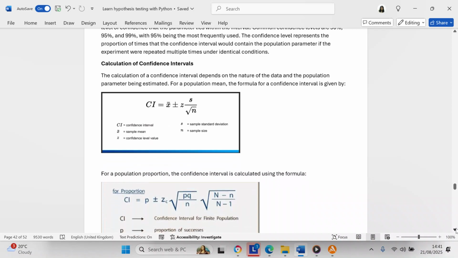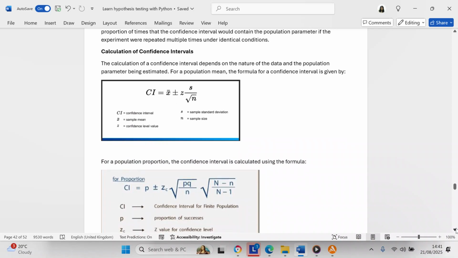So you've got a formula for how you can calculate the confidence interval. The calculation of a confidence interval depends on the nature of the data and the population parameter being estimated.